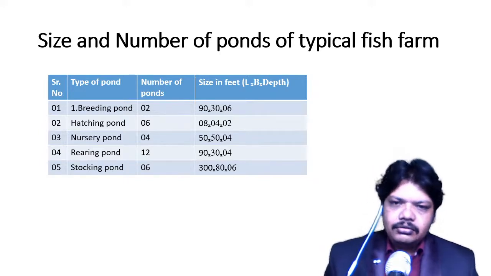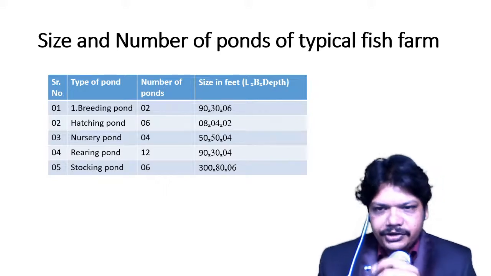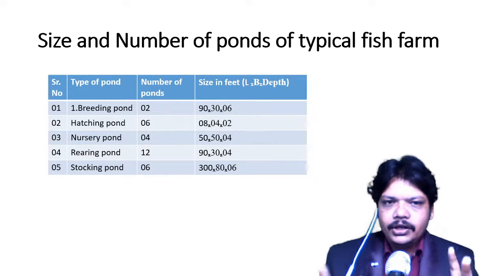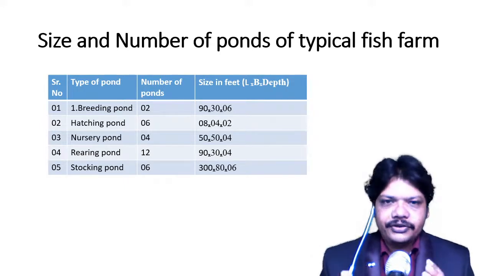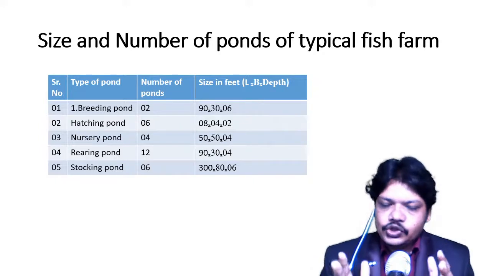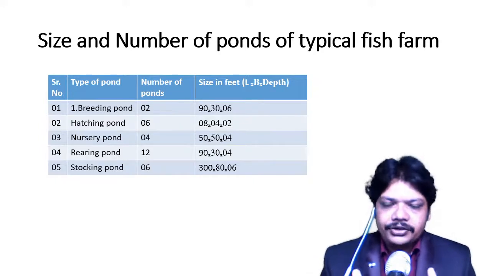In every plant, a Chinese circular hatchery is there. If we have to culture fishes, we have to take seed, we have to take production of seeds. So for that we need one plant, where everything is there.